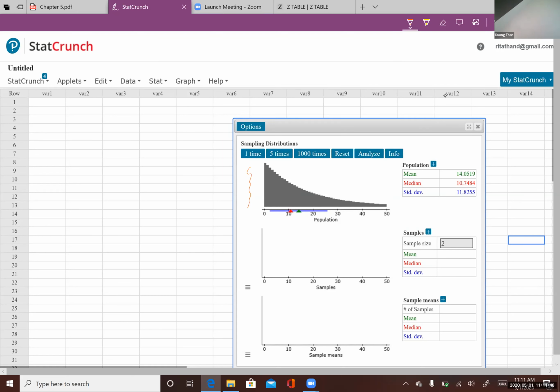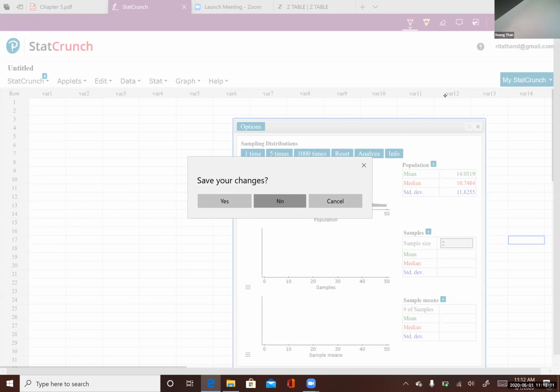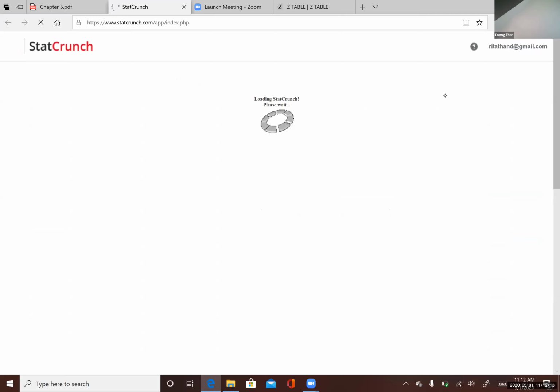Okay, and then from this population, I would take a few random samples of size 2, let's say size 2.